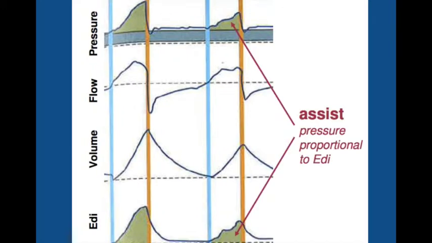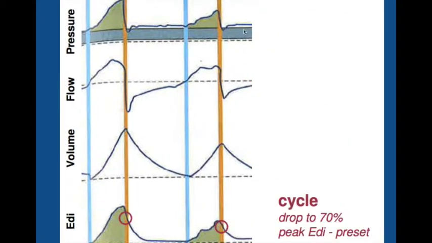And then the Edi also presents the signal that the pressure is not enough. So when the pressure is not enough, the ventilator will assist with pressure proportional to the Edi. And when will the Edi make the breath cycle off?